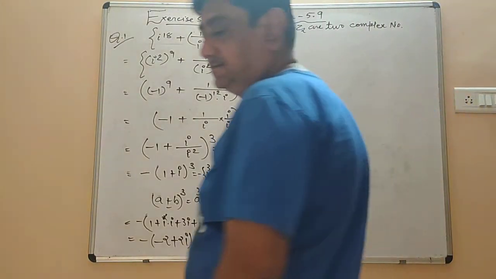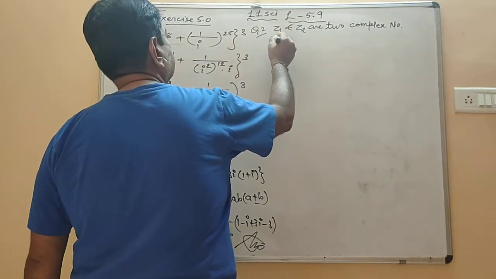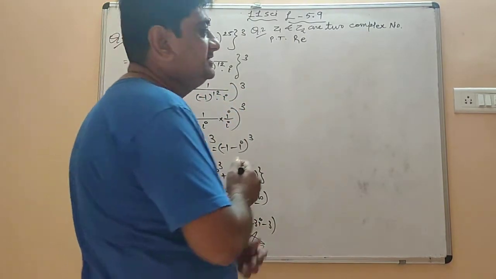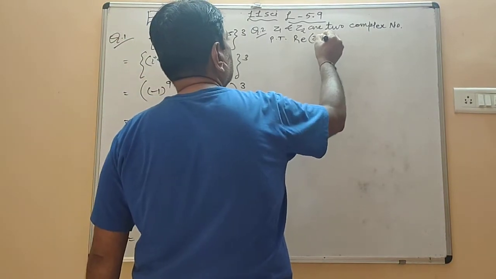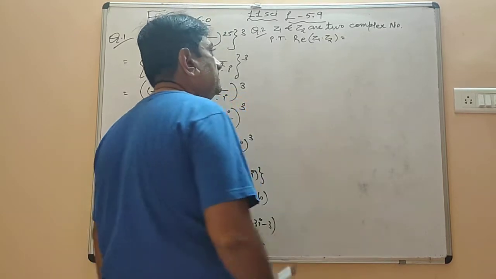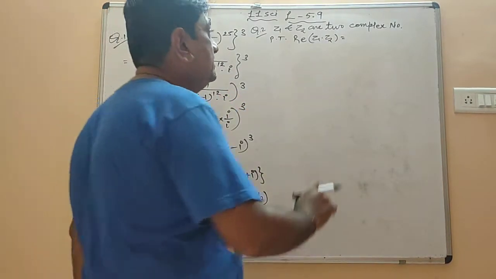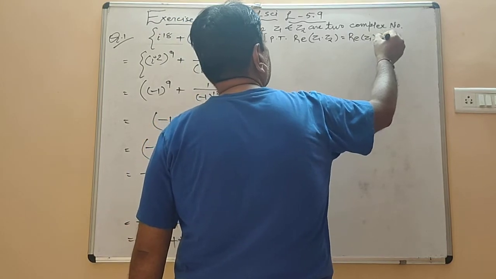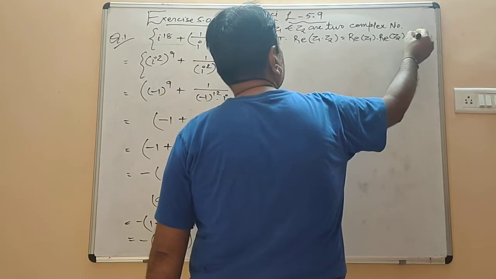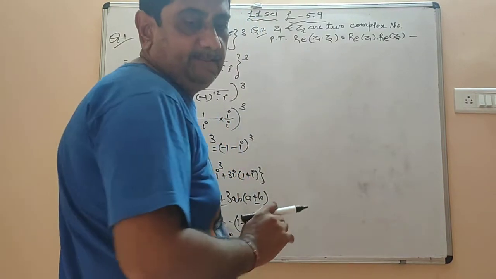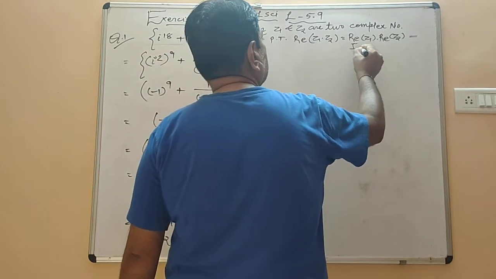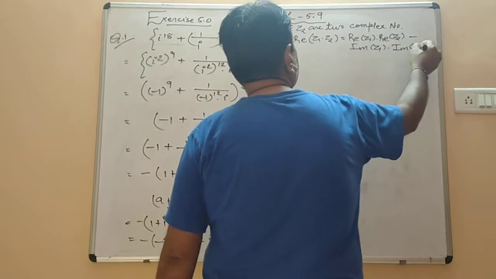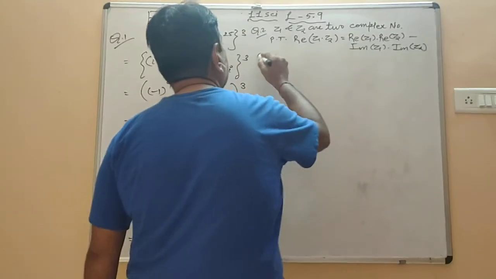Then prove that real part of Z1 into Z2 is equal to real part of Z1 into real part of Z2 minus imaginary part of Z1 into imaginary part of Z2.